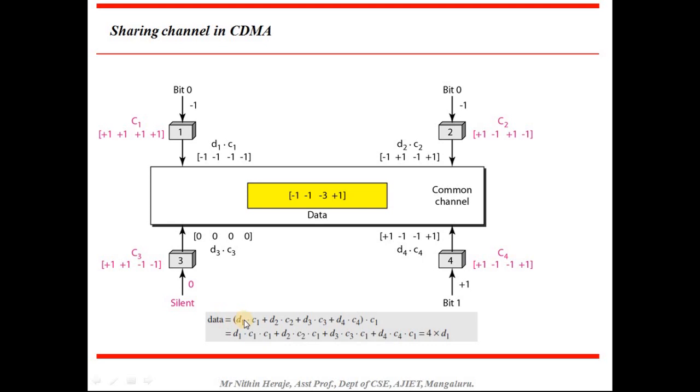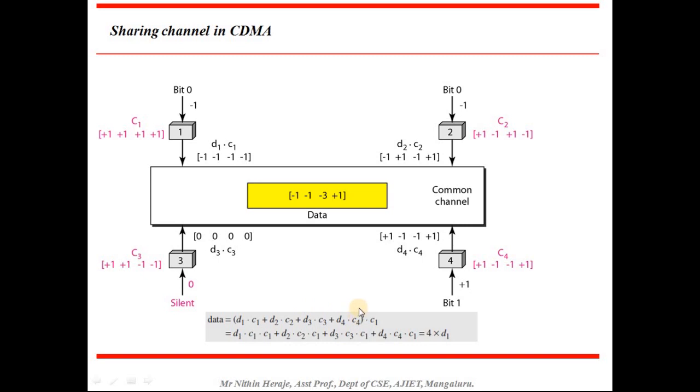You can also solve it this way, that is data equals D1 C1 plus D2 C2 plus D3 C3 plus D4 C4, into C1. That means you are going to multiply everything here, that is D1 C1 C1 plus D2 C2 C1 plus D3 C3 C1 plus D4 C4 C1.